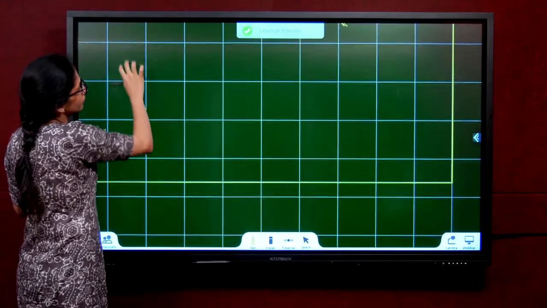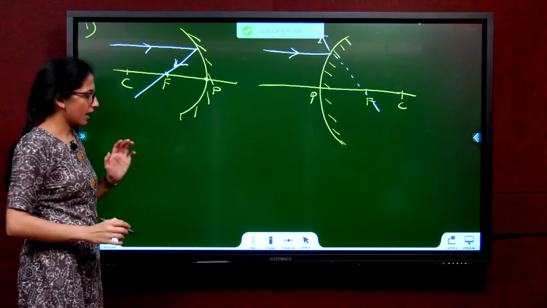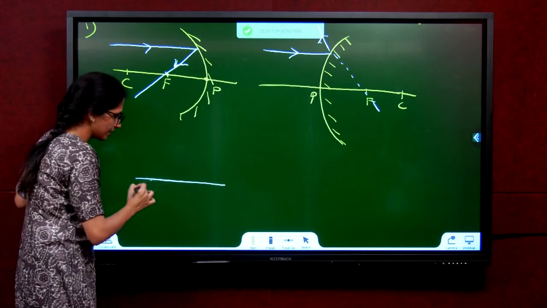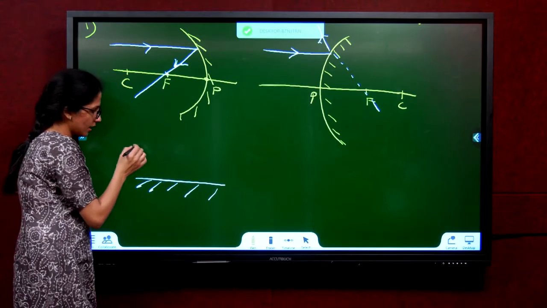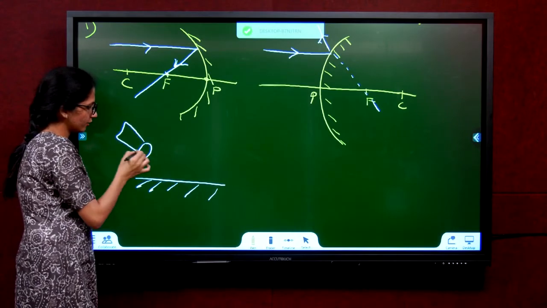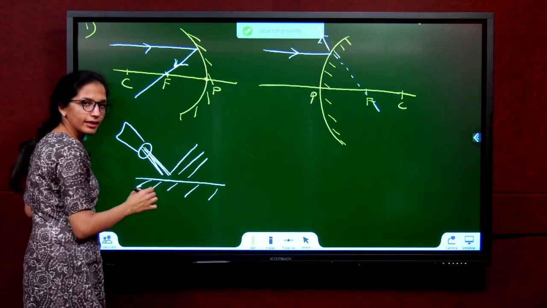Ray 2. Before we do ray 2, it's an application of this itself. Understand one thing. Let's say I have some mirror here. If I switch on my torch over here, all the light rays that hit here will go here. Do you agree?